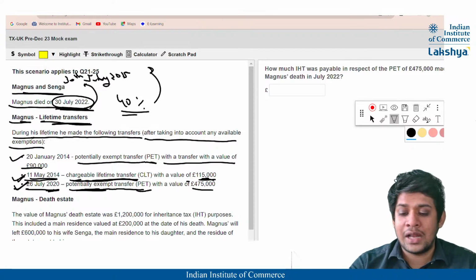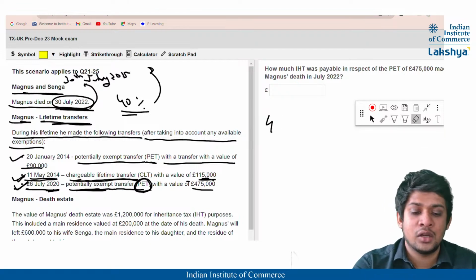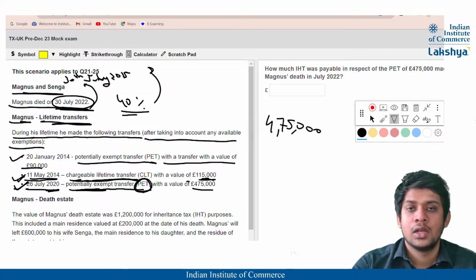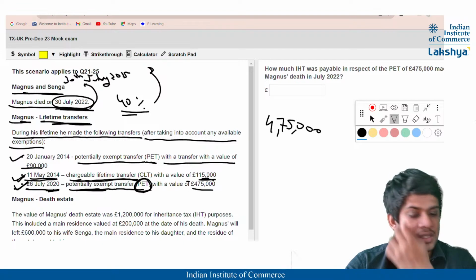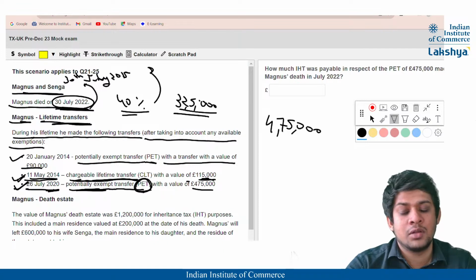So technically we have to calculate for this PET. 4,75,000 is the value of the transfer, and she will get a nil rate band of 3,25,000 because now the PET has become chargeable.